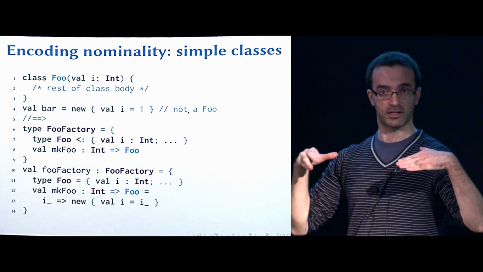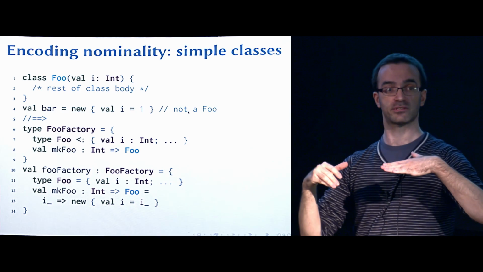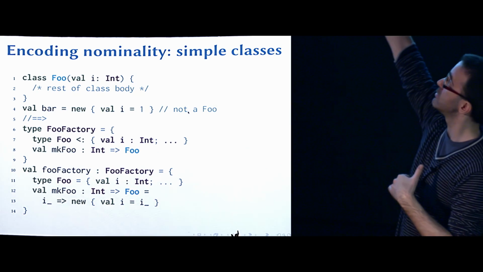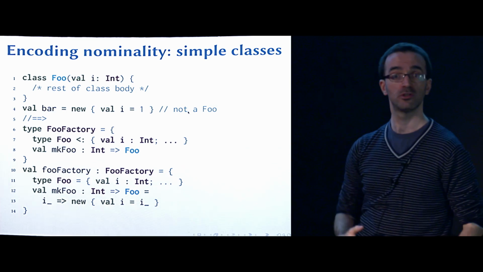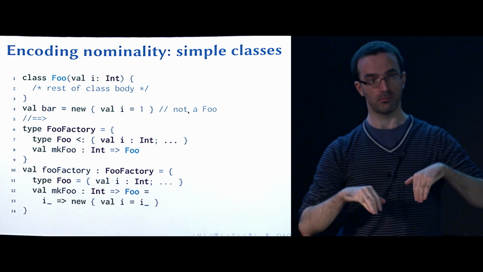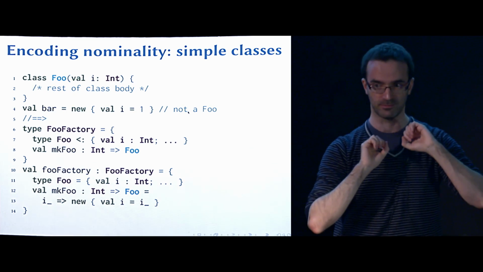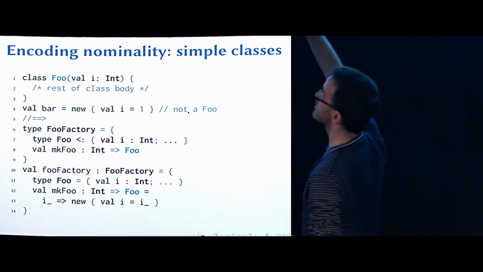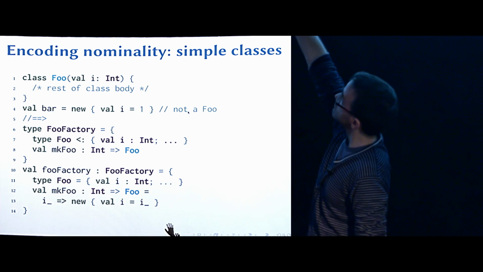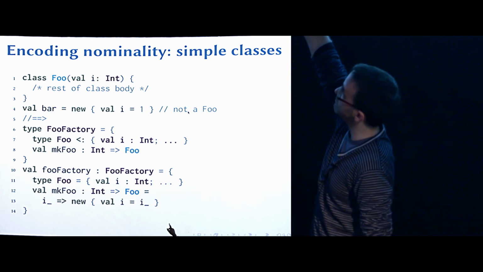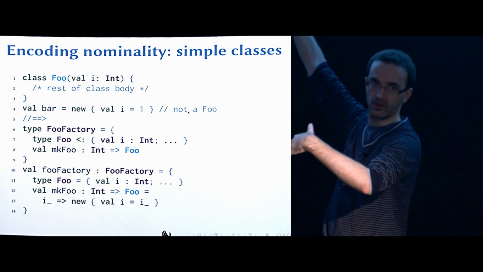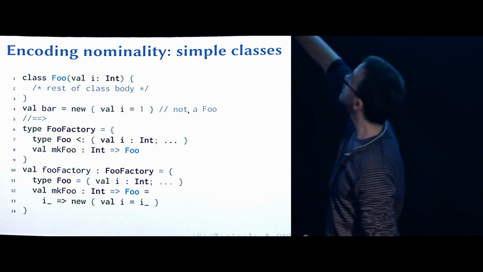So the class Foo behaves a bit like an abstract subtype of the structural type describing its members. We don't have classes directly in DOT, but we can model them as abstract types. So in type FooFactory, we give an interface for a factory of instances of class Foo.